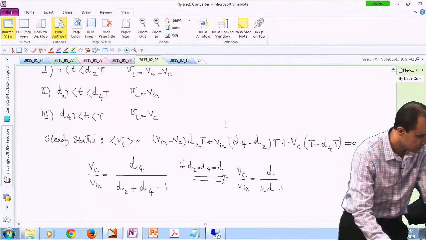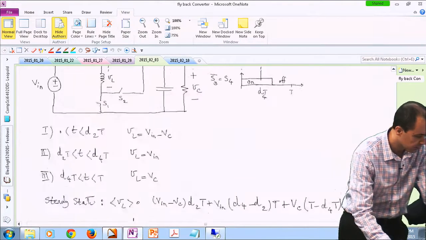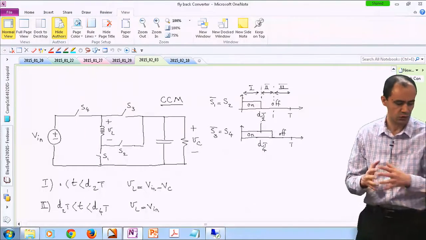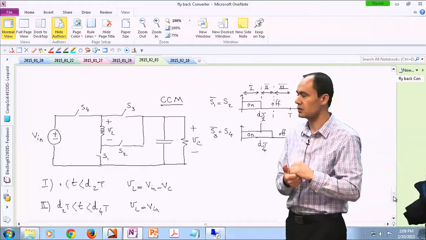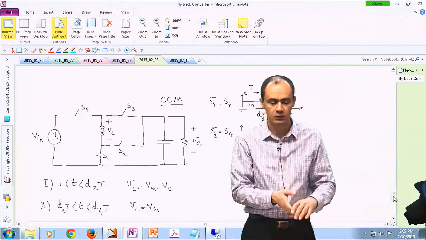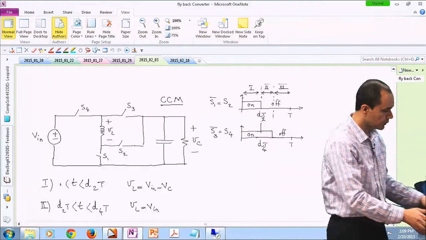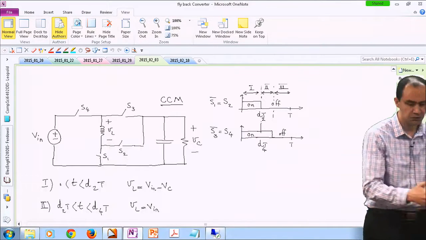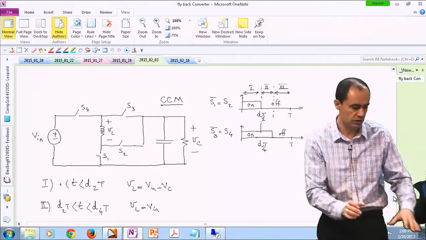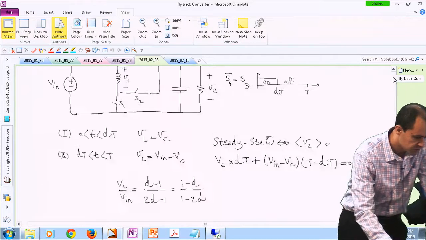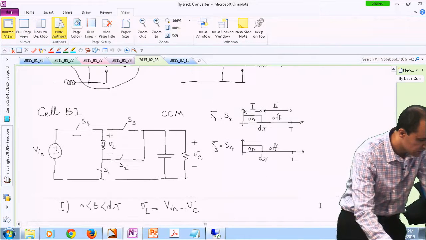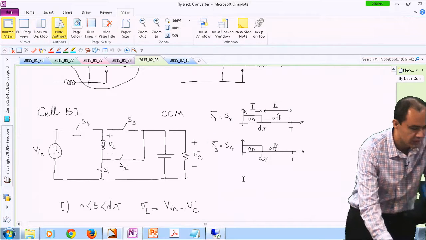So what we did last time was we looked into that paper. We picked one of those topologies, which is the topology that appears in cell B1. And we looked at the different ways of turning the switches on and off. For instance, the first case that we considered was S2 and S4 are the active switches.